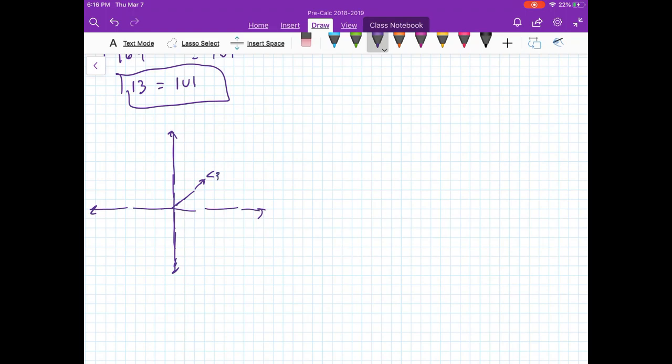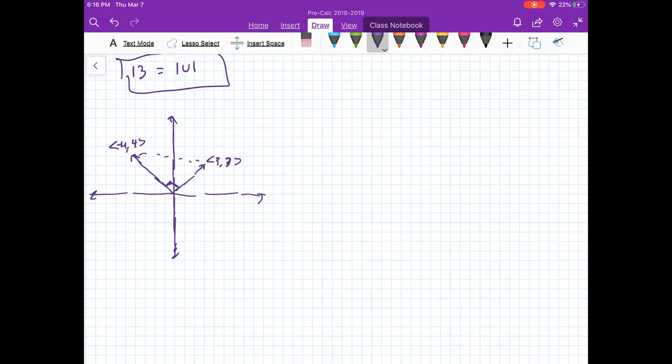This would be vector 3, 3, and let's say the other is negative 4, 4. Now you might see this already, but if you look at this carefully and draw a hypothetical triangle in between them, you would notice that there's a right angle right here. Now what would happen if we took the dot product of these two vectors?